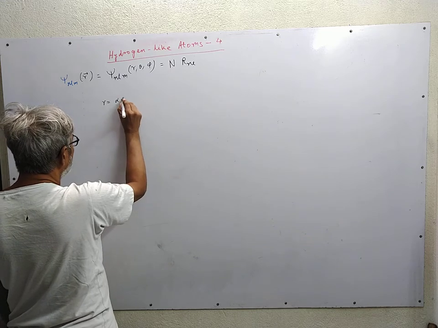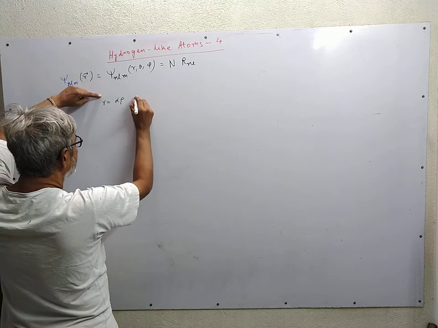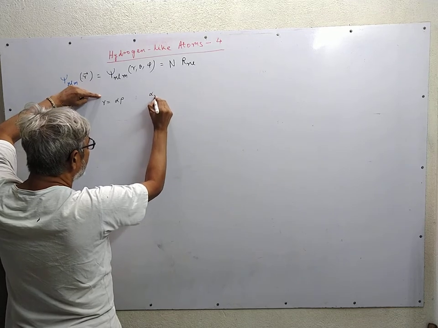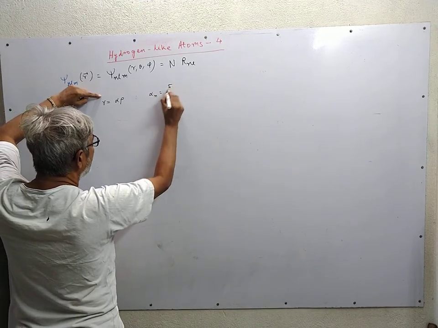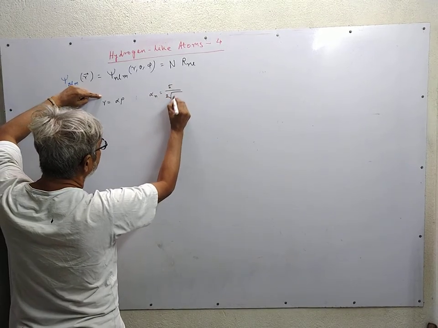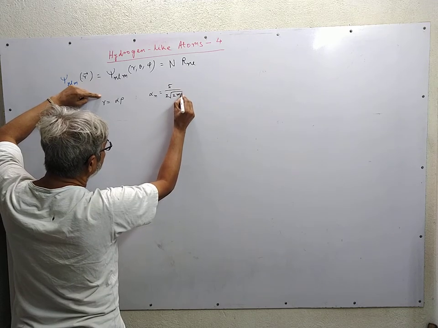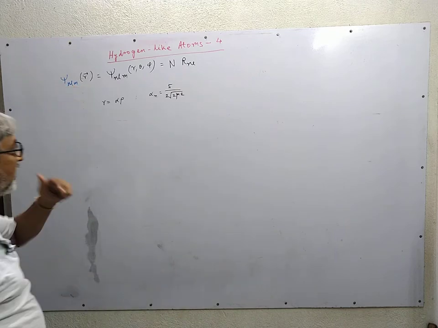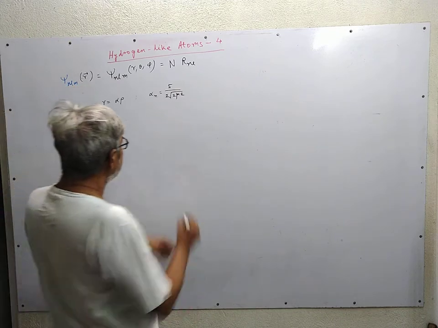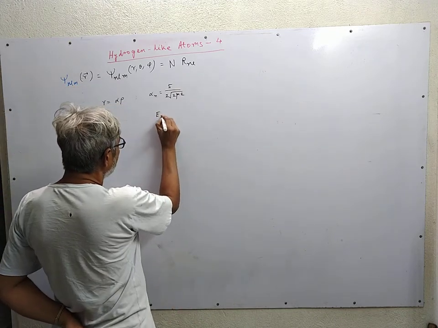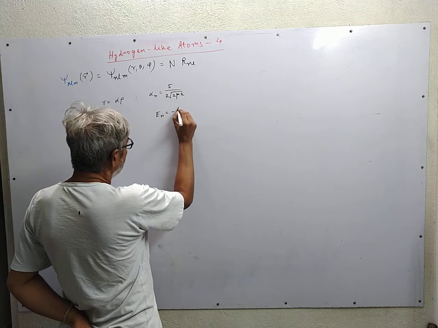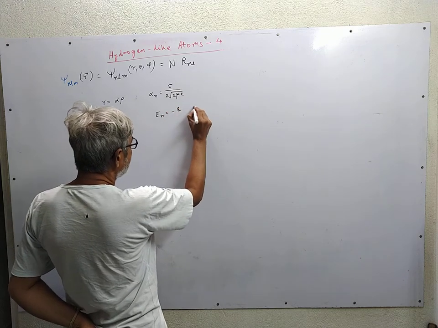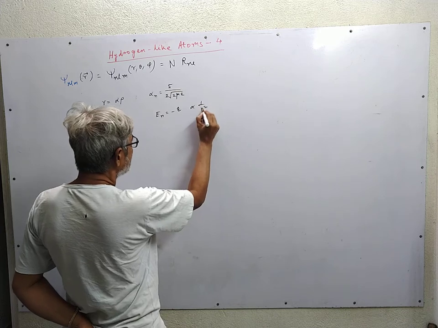r by alpha n. This was the substitution, and alpha n was defined to be h bar square by 2 mu epsilon, where epsilon is the energy. The energy was found to be minus epsilon, and this goes as 1 by n square.